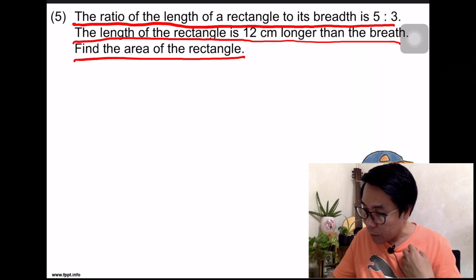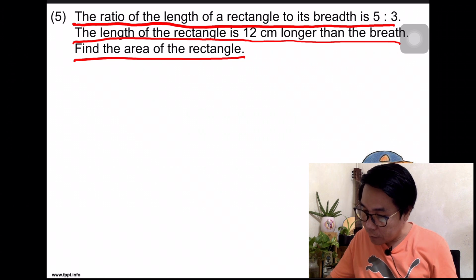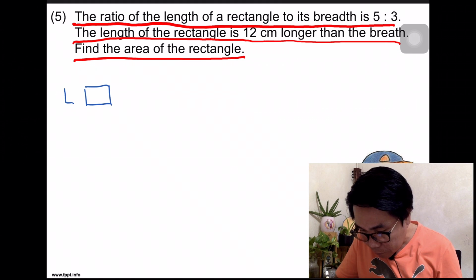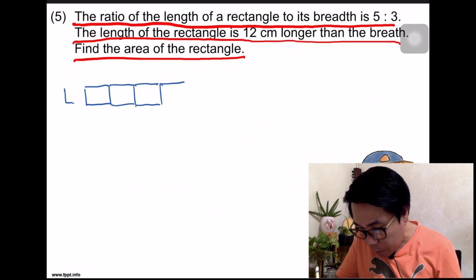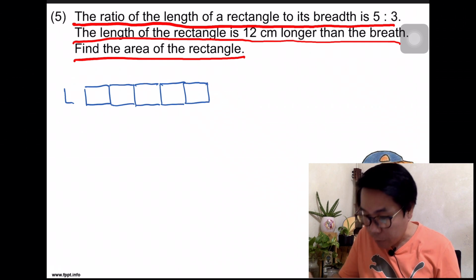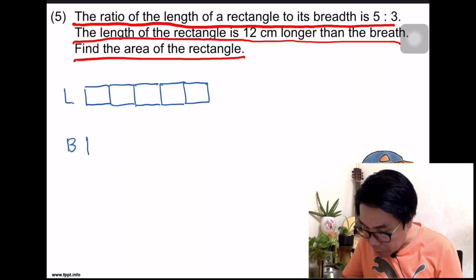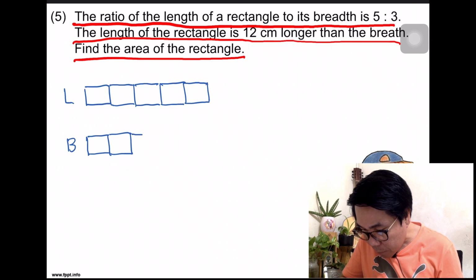So it's given that the length is 5 units. So length here is 5 units. 1, 2, 3, 4, and 5. For the breadth, it is 3 units. 1, 2, and 3.